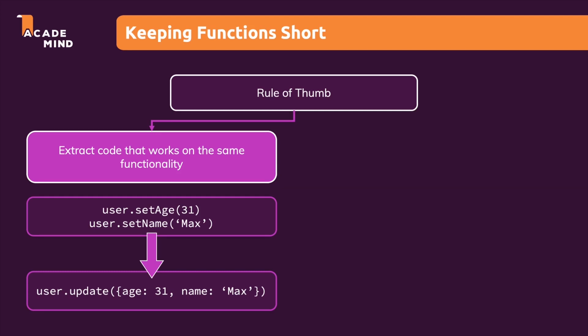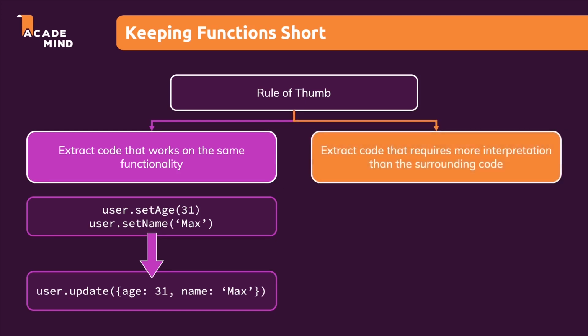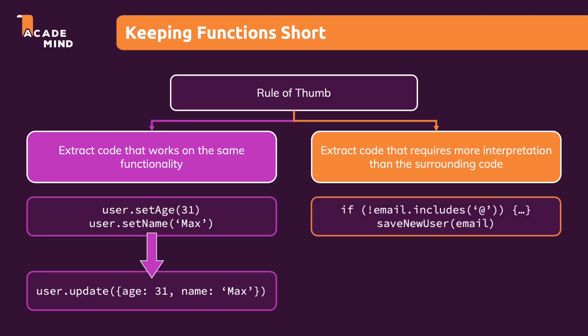The other rule of thumb which I have for you is that you want to extract code that requires more interpretation than the surrounding code. And that again is directly related to these levels of abstraction. If we have a look at this good old example here, then we can easily see that this email includes check requires more interpretation from our side than having a look at save new user. There, it's directly obvious what this does and why we're doing this.